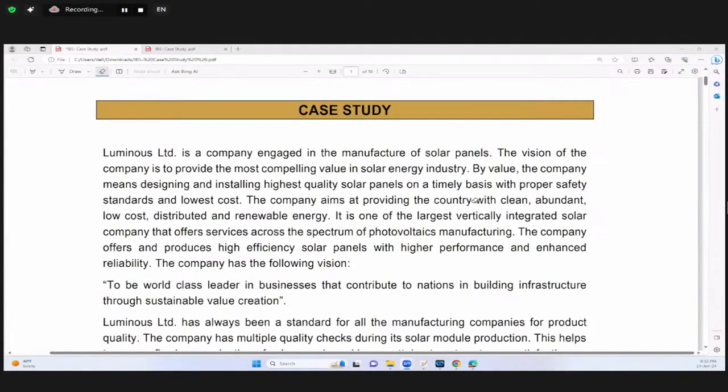This is a kind of engineering manufacturing, a kind of technology, I can say, photovoltaics. These types of manufacturing are basically going on in the USA. The company offers and produces high efficiency solar panels with higher performance and enhanced reliability.